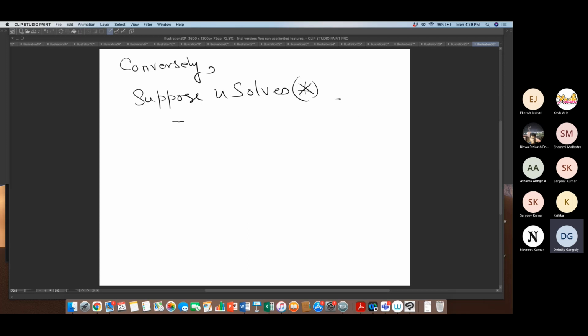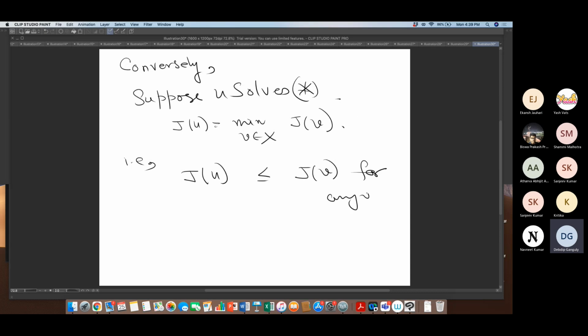We want to show that J of u is the minimum over v in X of J of v. That is, we have to show that J of u is less than or equal to J of v for any v in X, and of course u is also in X.